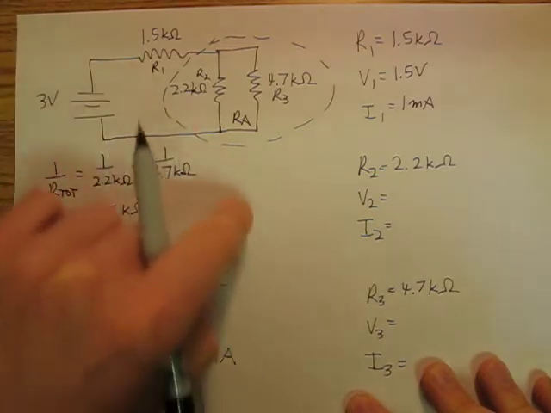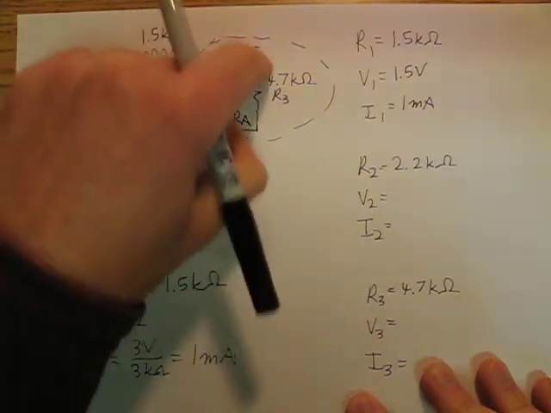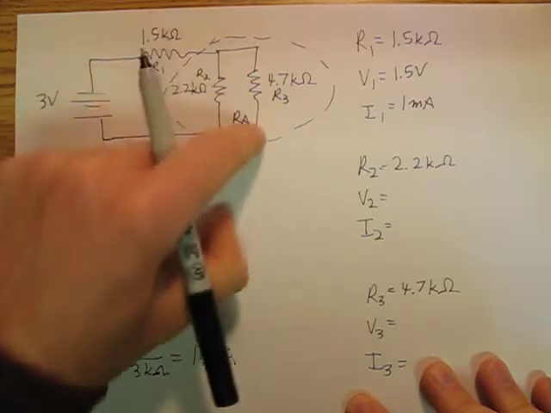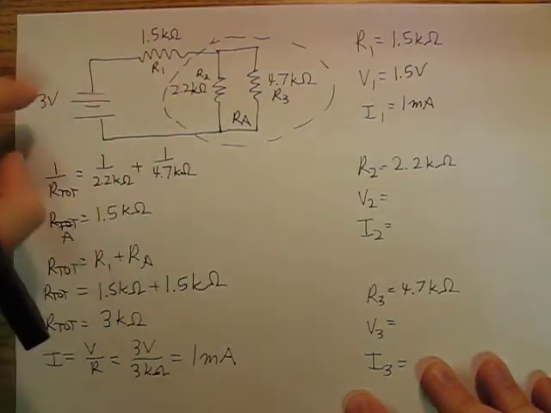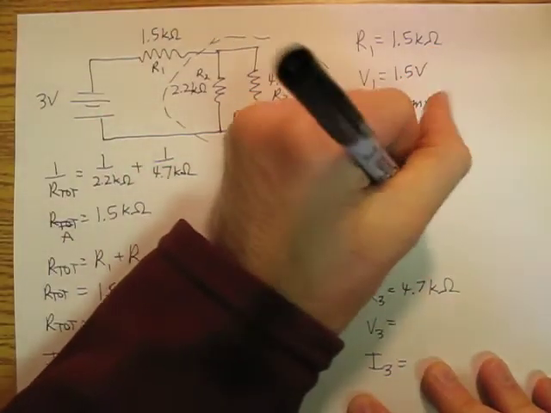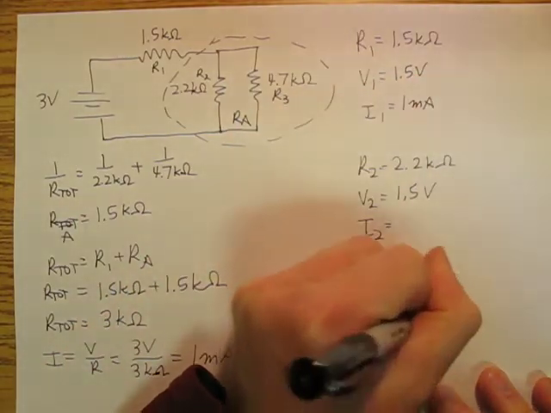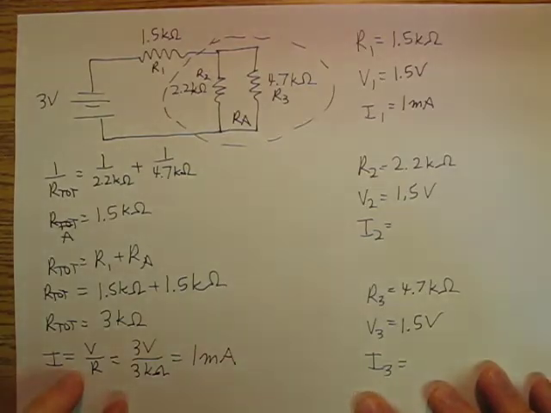We remember from a previous video that the voltage drop in a parallel circuit, which is what I have inside my bubble, has got to be the same for both resistors. So if we started with 3 and ate up 1.5, there's got to be 1.5 left. So there's 1.5 volts in each one of those resistors.